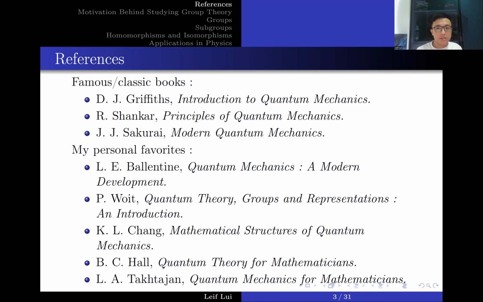So first, I would like to discuss some references. The former half is more of the standard reference that everybody uses, whereas the latter half are my personal favorites. When studying physics, especially quantum mechanics in undergraduate, there is no question that you will hear of the book Introduction to Quantum Mechanics by D.J. Griffiths.